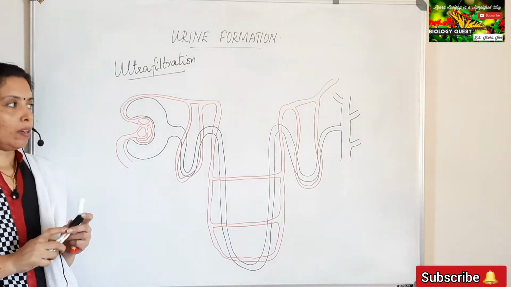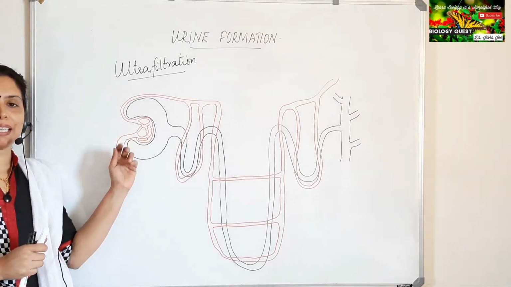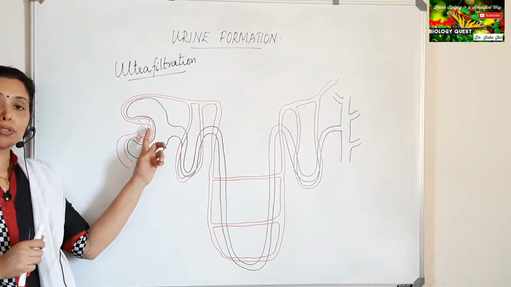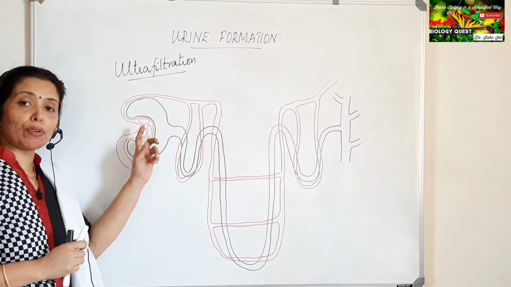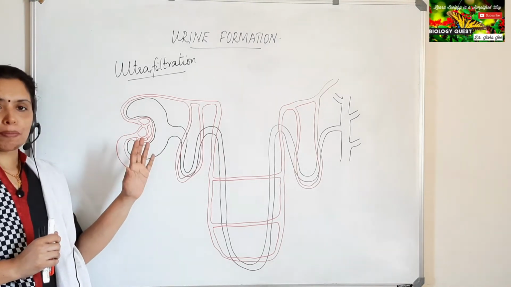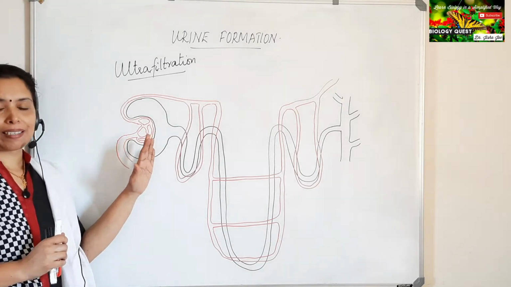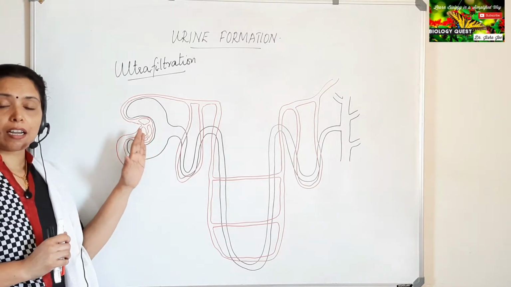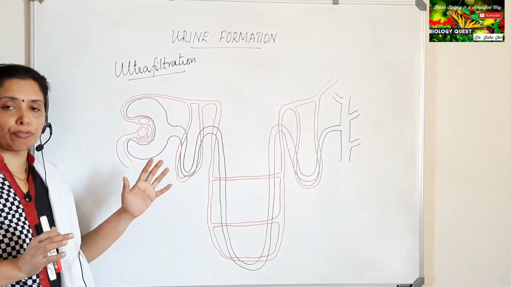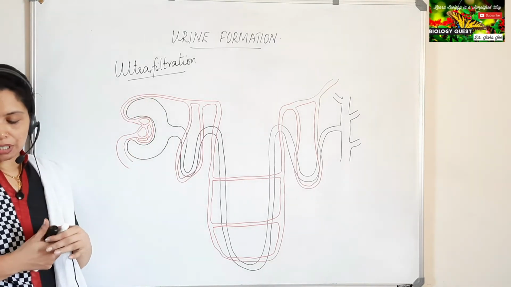Because of the difference in diameter between the afferent and the efferent arterioles, the blood flowing through the capillaries of the glomerulus is under high pressure, and because of this pressure, filtration of the blood takes place. Since this filtration takes place under extraordinary force, it is called ultrafiltration.